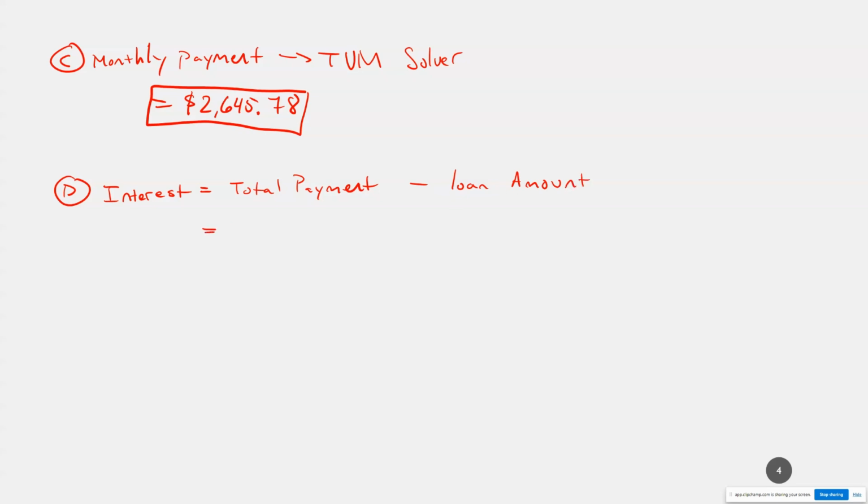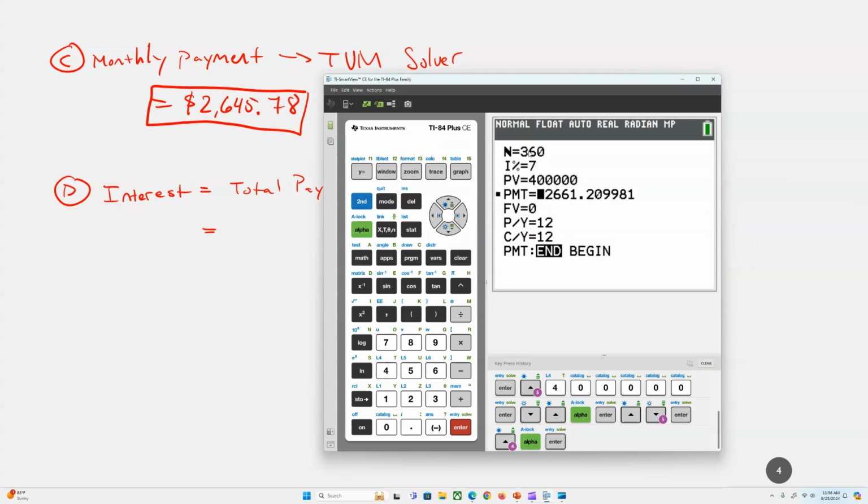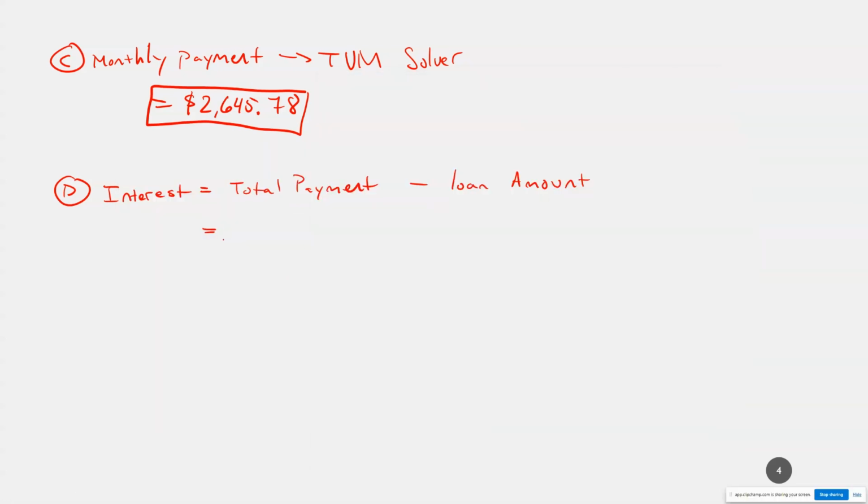Looking back at our calculator, we made 360 total payments of $2,645.78. And how much did we borrow? We borrowed $400,000. That was our loan amount.